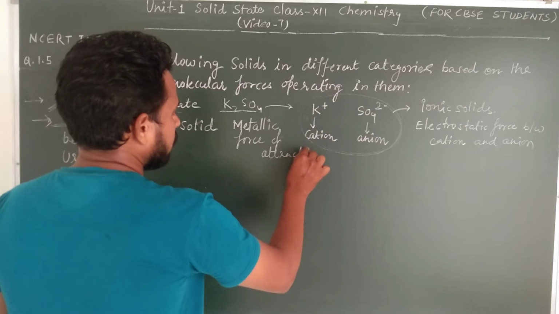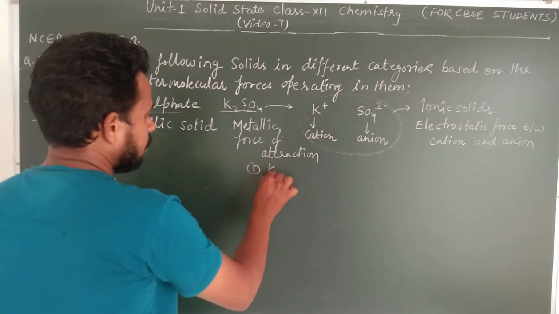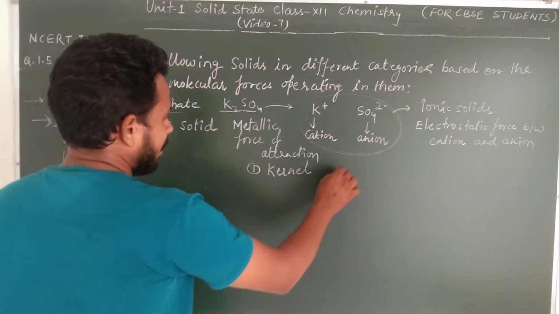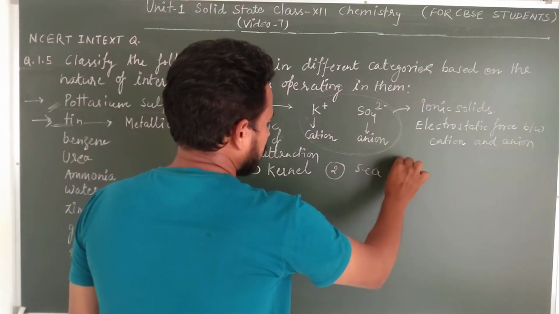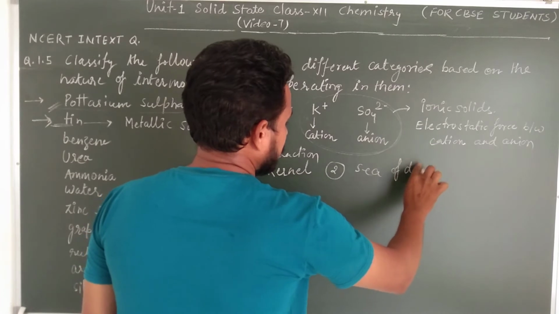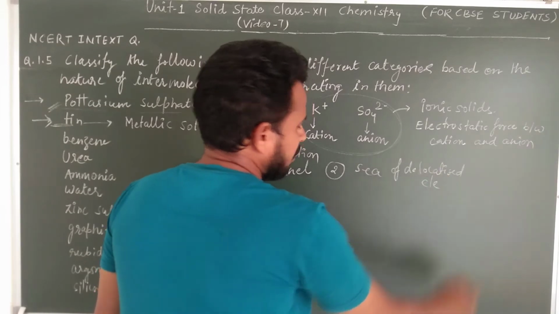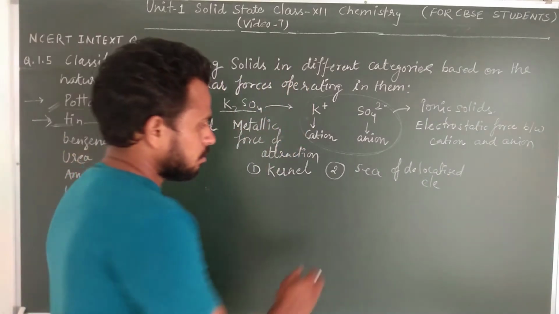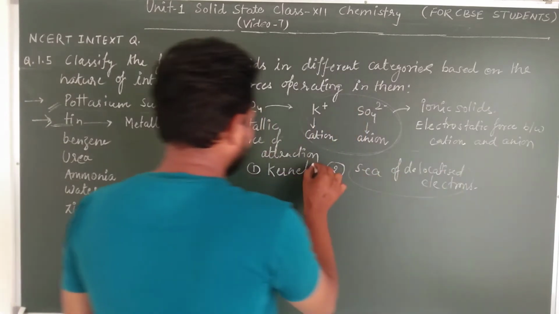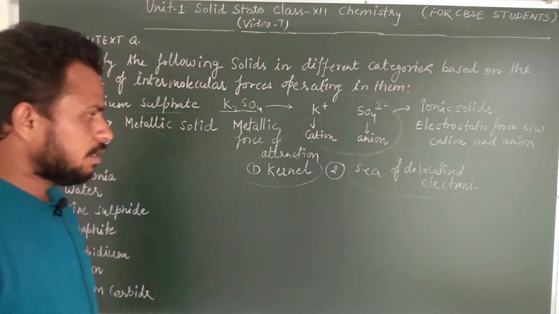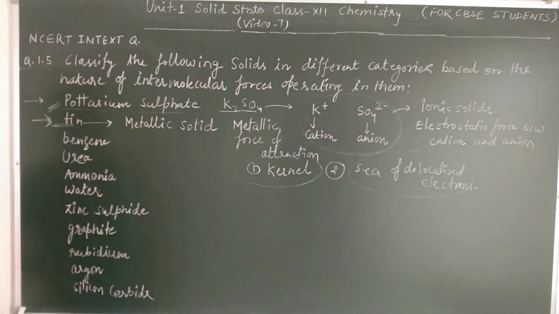And there are two components. First is kernel and second one is sea of delocalized electrons, and we can say mobile electrons. These two components in metallic solids create the metallic force.